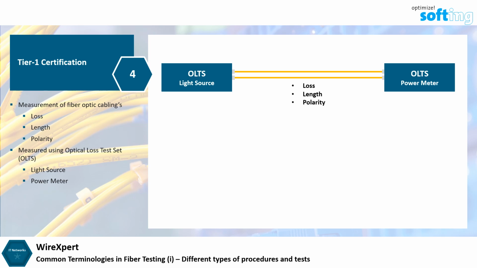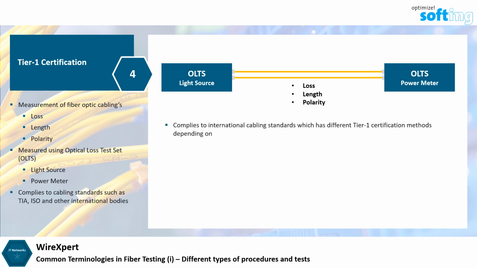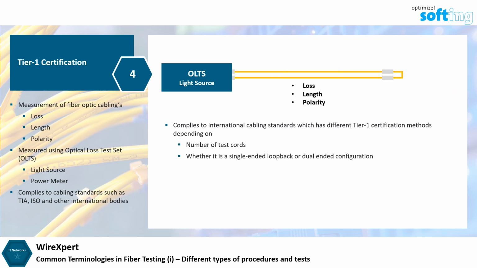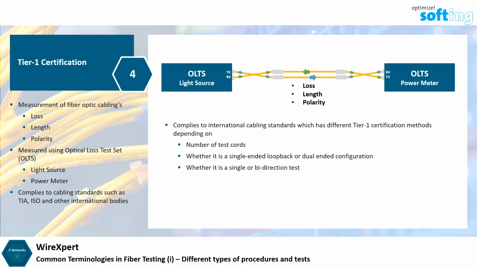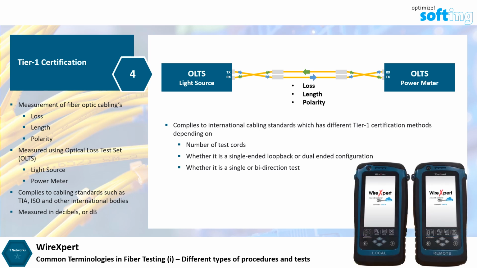Tier 1 certification complies to the cabling standards such as TIA, ISO and other international bodies, and has different methods of performing the test depending on the number of test cords, whether it is a single-ended loopback or dual-ended configuration, and whether it is a single or bidirection test. Loss measured in Tier 1 certification is measured in decibels, or dB. An example of an OLTS is the Wire Expert by Softing.